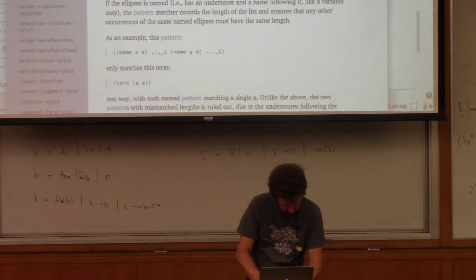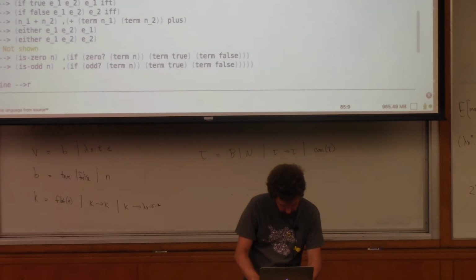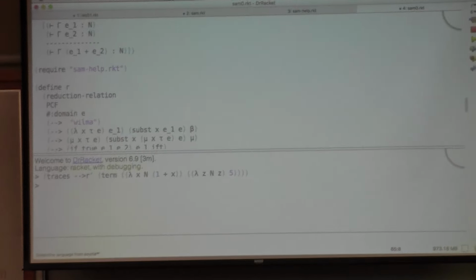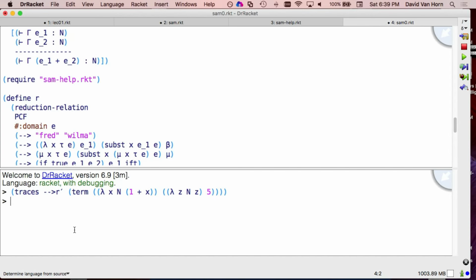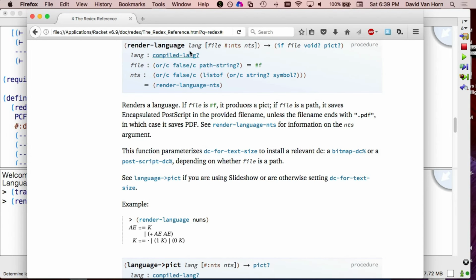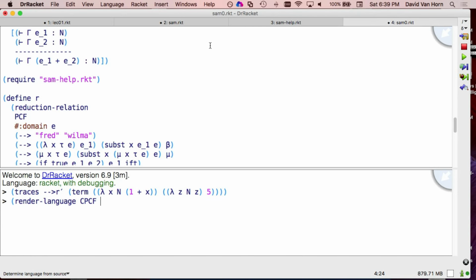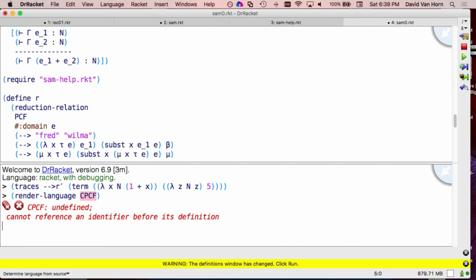So let's see this. Let's look at render language. Let's do CPCF, so just the language. Oh, I'm in the wrong file.